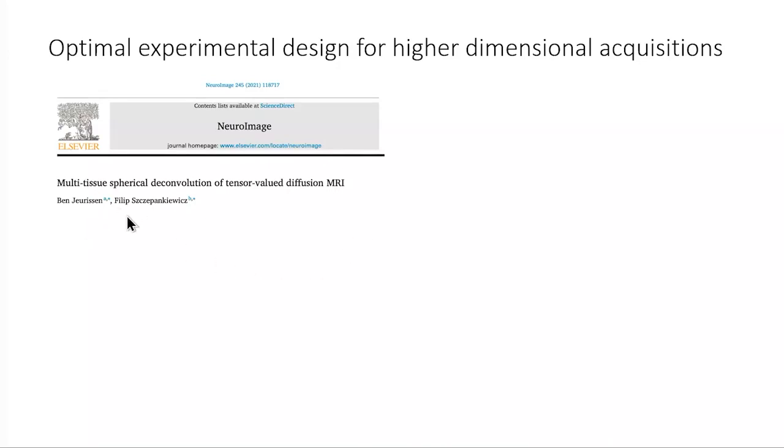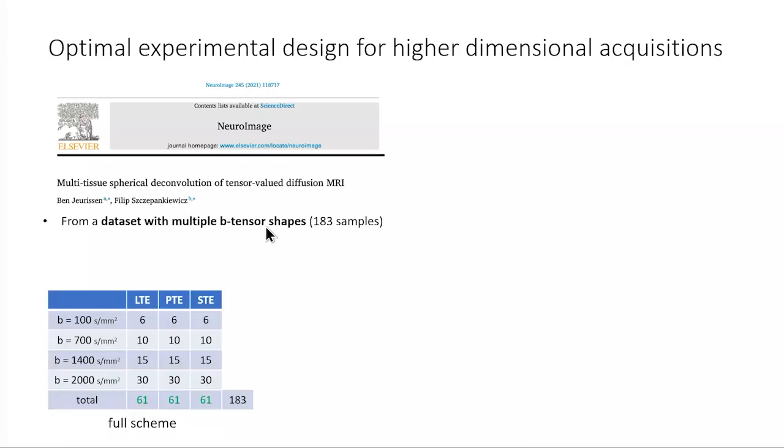One is one that I did myself together with Philip. The idea was to extend multi-tissue spherical deconvolution to tensor-valued diffusion MRI. And when we did that, we wanted to figure out what the optimal B-tensor shapes were.